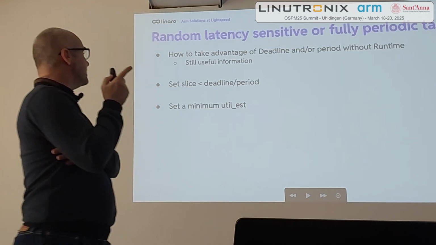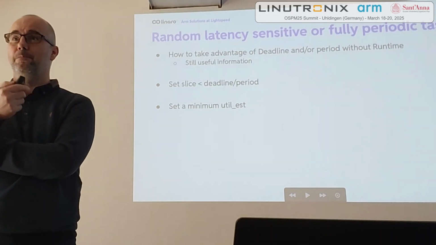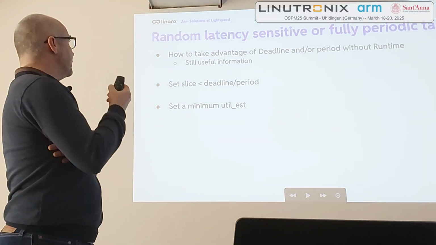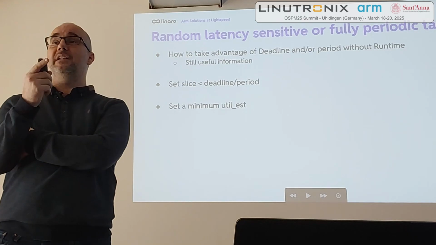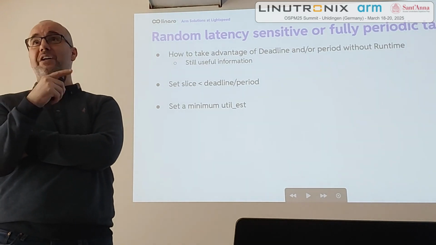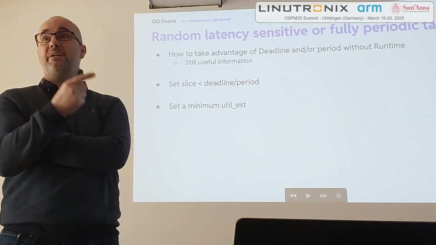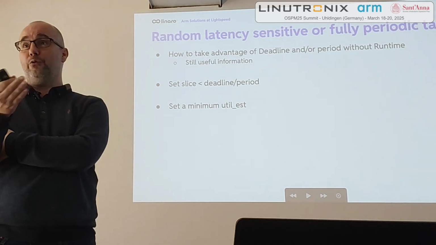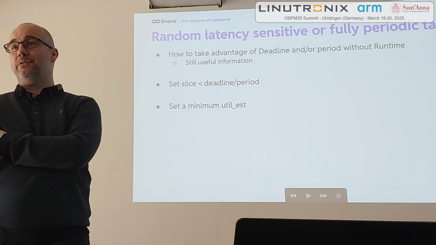The more complex case is when the task sets a deadline but doesn't set any runtime, and we don't know what to do with that. Right now, the simple thing we can do is set a maximum slice based on the deadline, because you can expect that if a task sets a deadline of 2 milliseconds, its slice should not be 3 milliseconds.